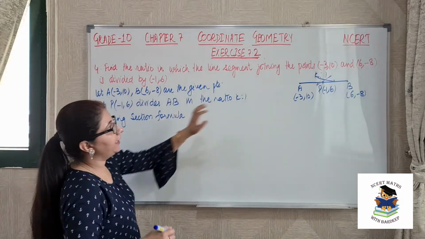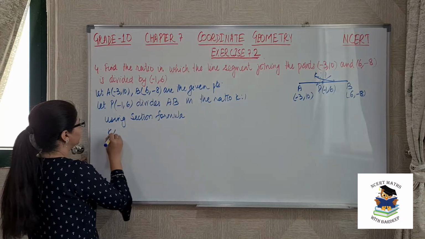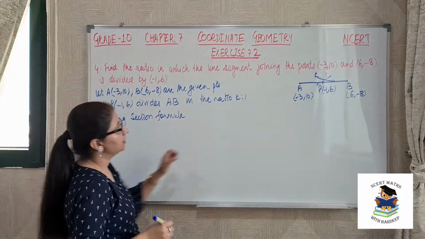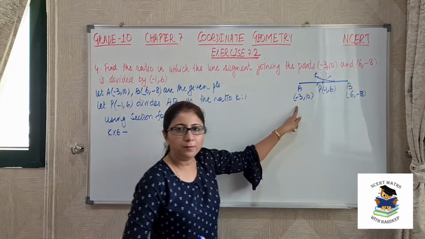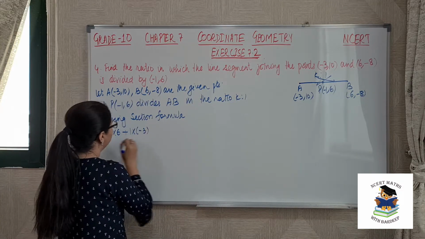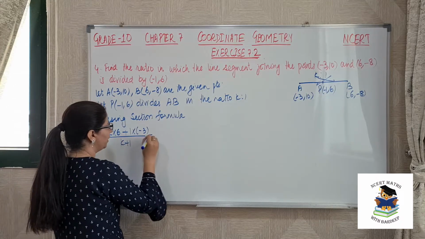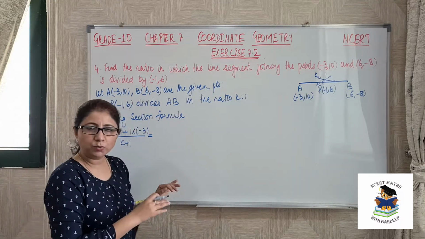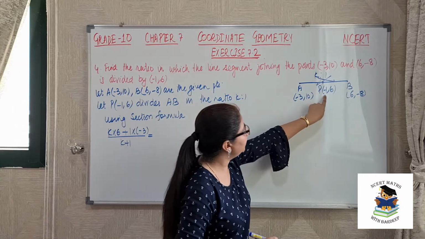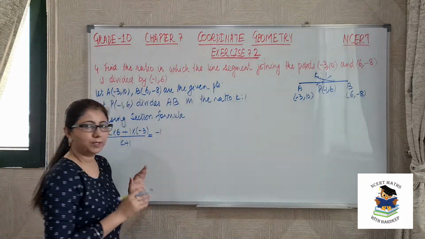so what should be the x coordinate? This is k multiplied by 6 plus 1 multiplied by -3 divided by sum of ratios, that is k plus 1. This should be the x coordinate. But what is x coordinate in our case? This is -1. So we will equate this to -1.